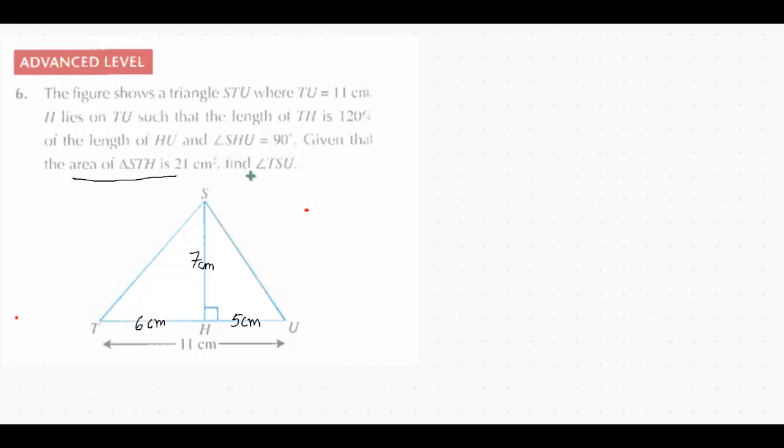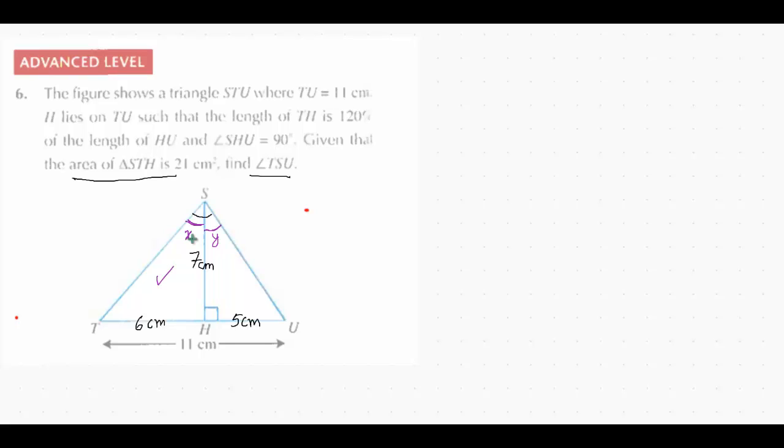Now we have to find angle TSU, this whole angle. So what we do, we will find this angle first. Let me call this angle X, and then this angle, let me call this Y, and then we add both X and Y. That will give me this whole angle S, which is TSU.